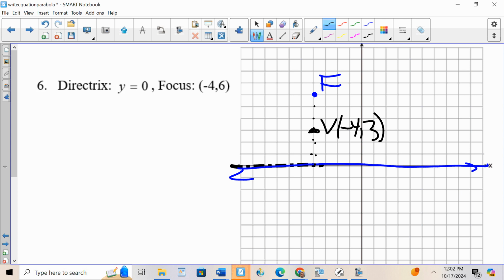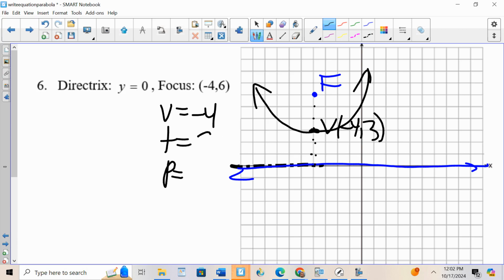It can't hit the directrix, so it opens up. v equals, t equals, p equals. The vertex is (-4, 3). So v is -4, t is 3. P is the distance from the vertex to the focus. It's going up 1, 2, 3.